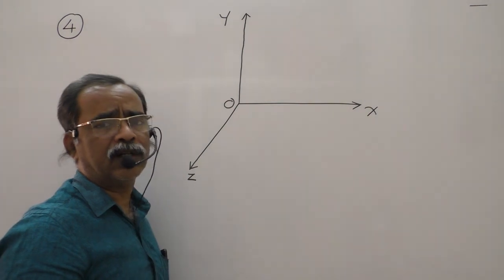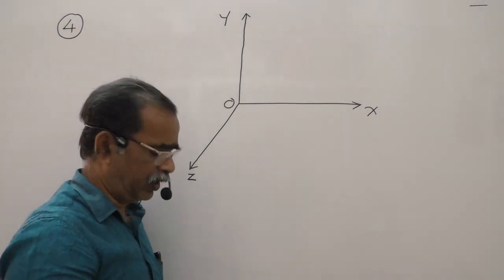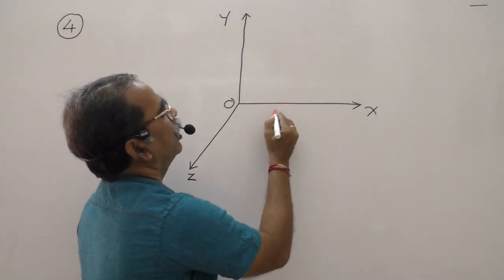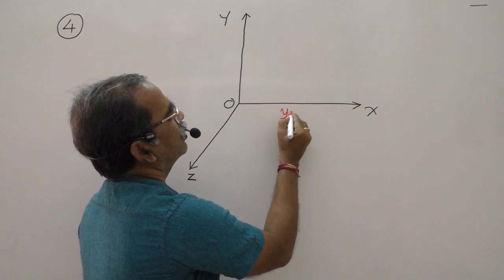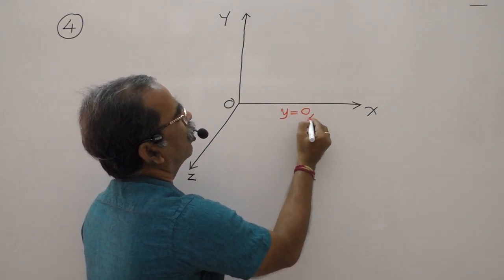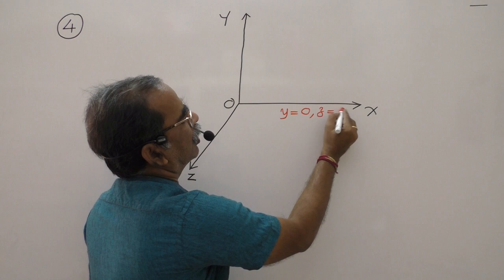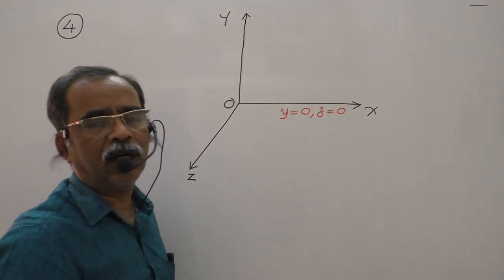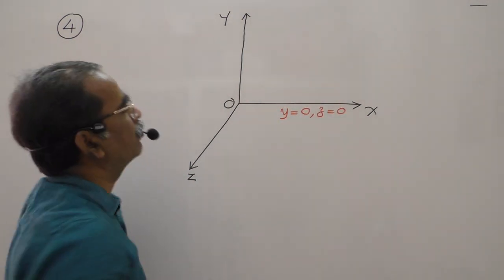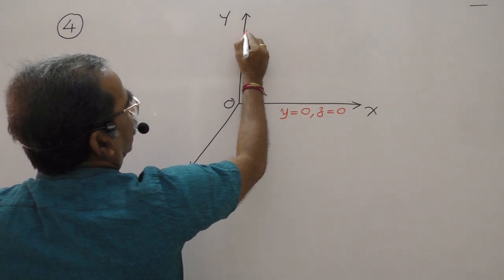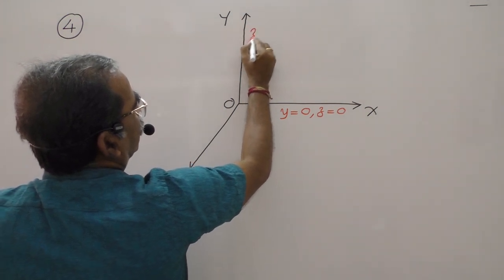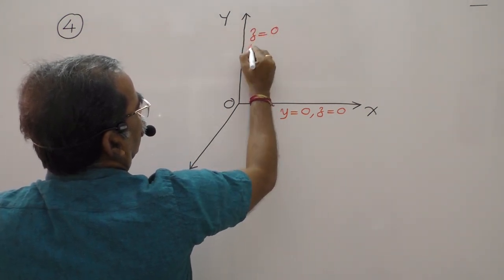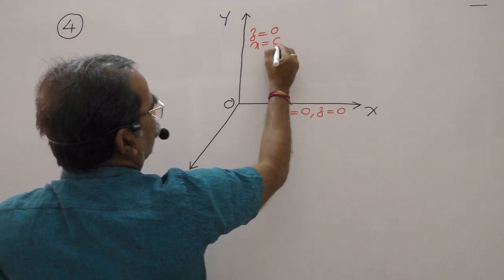That is the condition. The condition itself is the equation. Therefore, the equation of the x-axis is y equal to 0, z equal to 0. This is the equation of the x-axis. Similarly, what will be the equation of the y-axis? z equal to 0 and x equal to 0.